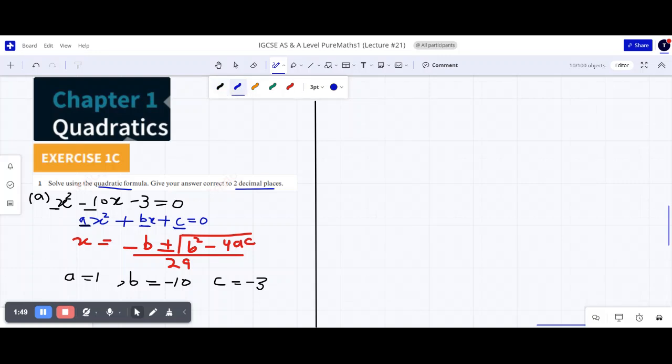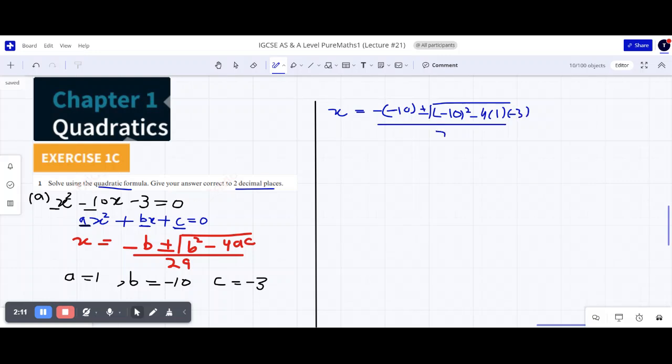So now x equals minus b, and b is minus 10, plus minus root b squared, which is minus 10 squared, then minus 4, a is 1, c is minus 3, divided by 2 times a, which is 1.